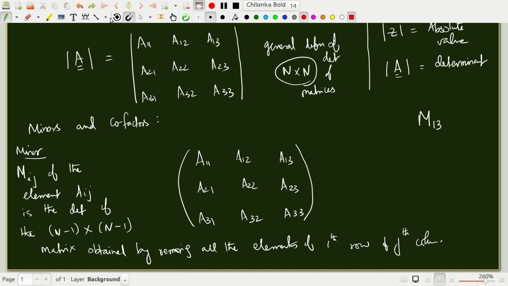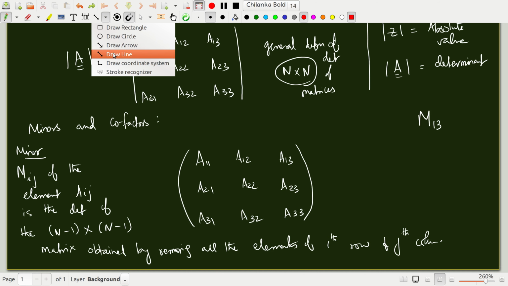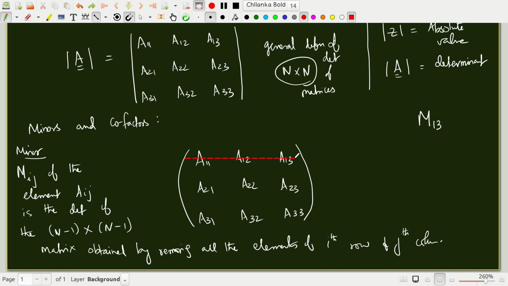This is the first row. This is the third column. When I do this, I get this matrix. So what is minor M13? M13 is the determinant of this matrix: A21, A22, A31, A32.